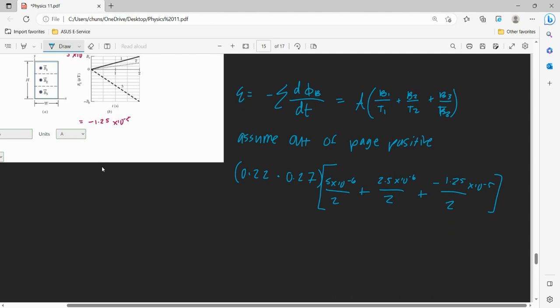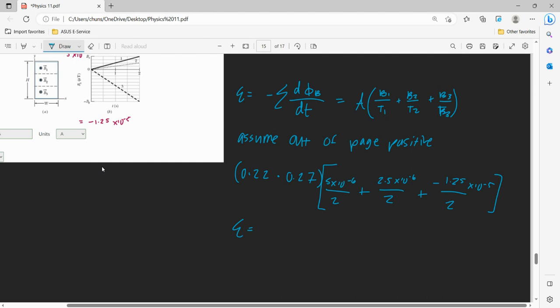So when we find this value, let's start just with the sum. So this is 5 times 10 to the negative 6, plus 2.5 times 10 to the negative 6, and minus 1.25 times 10 to the negative 5.